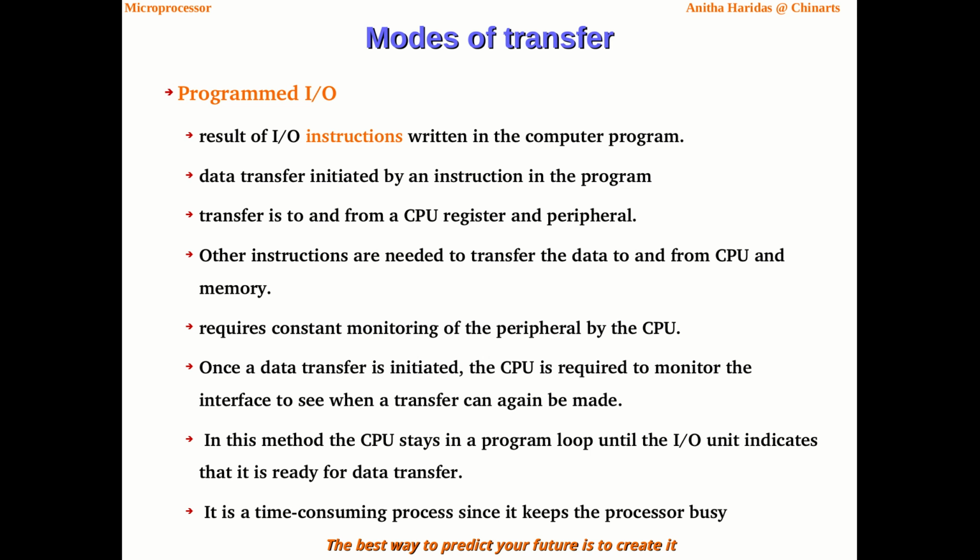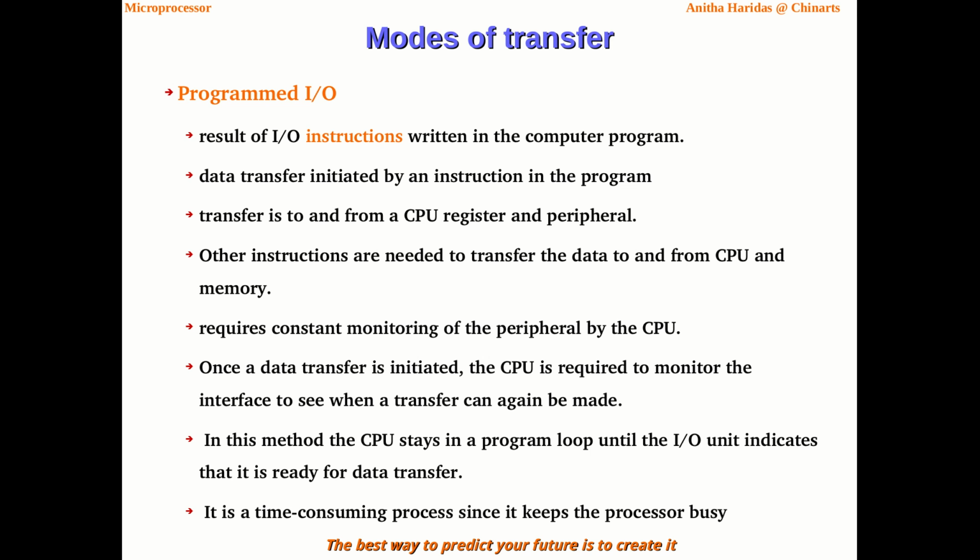To do this continuous monitoring, when I say the CPU has to monitor the peripheral devices, obviously the CPU is a processing unit. How will the task be done by the processing unit? There will be a program in the processing unit which will be executed. For any task to be done by the CPU, you need a program.